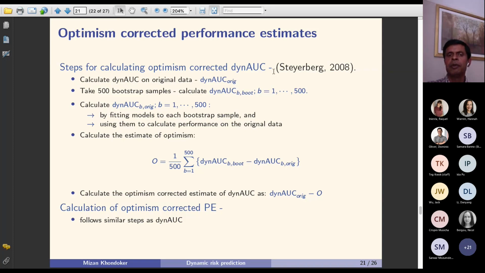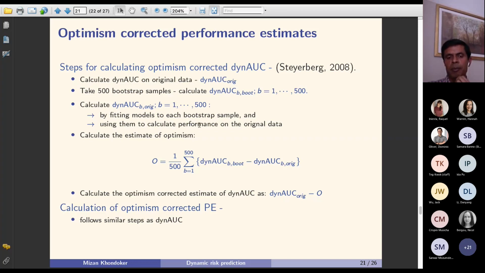So if you fit a model to the original data and compute the dynamic AUC, this original dynamic AUC will be optimistic because you are fitting the model and evaluating performance on the same data. And the same here: if you take 500 bootstrap samples and calculate the dynamic AUC on each of them, this also gives an optimistic estimate because you are using the same data set for fitting the model and evaluating the performance.